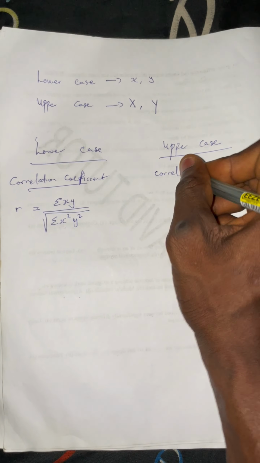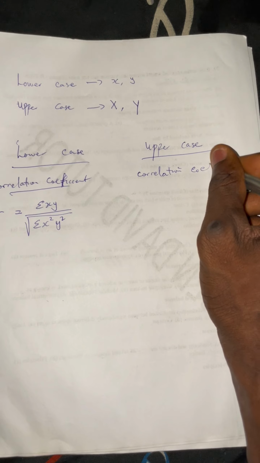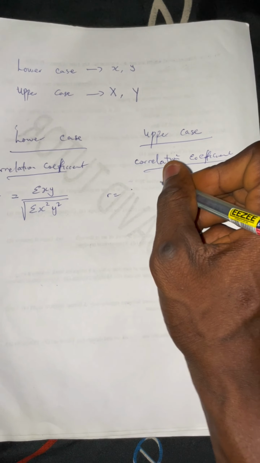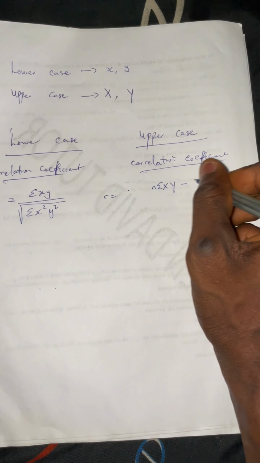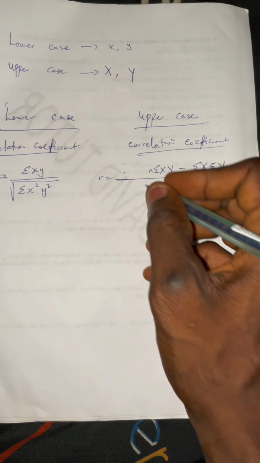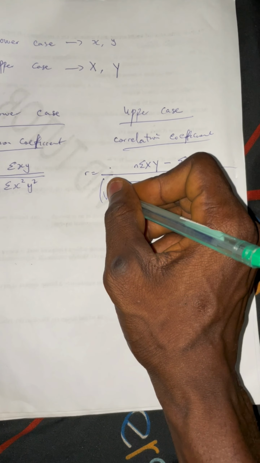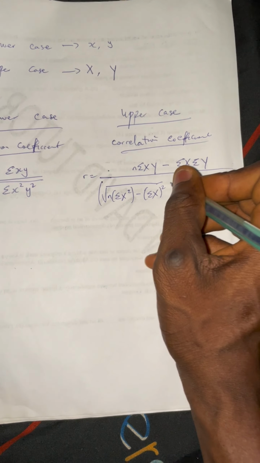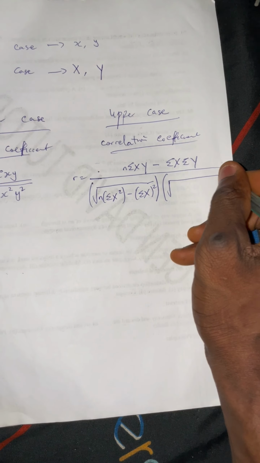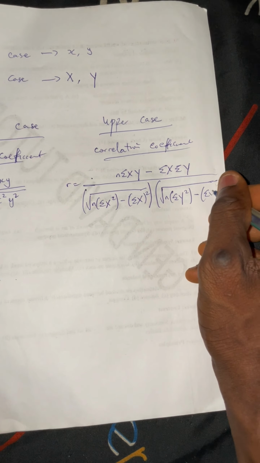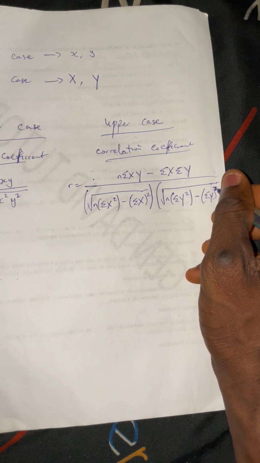The correlation coefficient for the uppercase: we have R equals n summation xy minus summation x times summation y, all over the square root of n summation x square minus summation x all squared, multiplied by the square root of n summation y square minus summation y all squared.